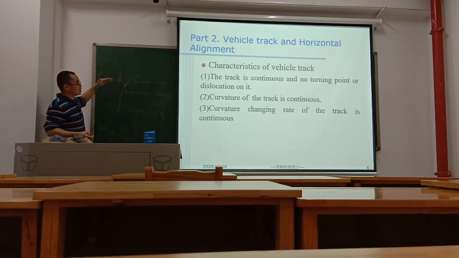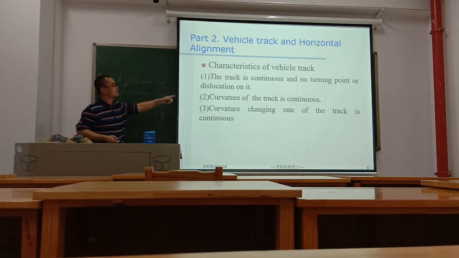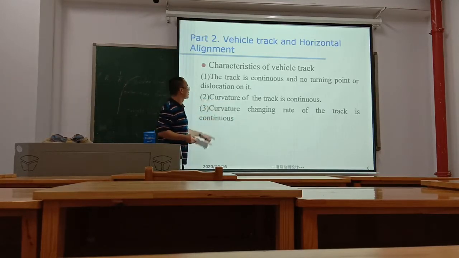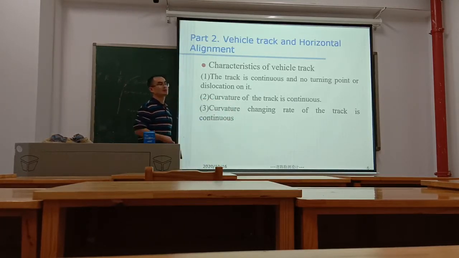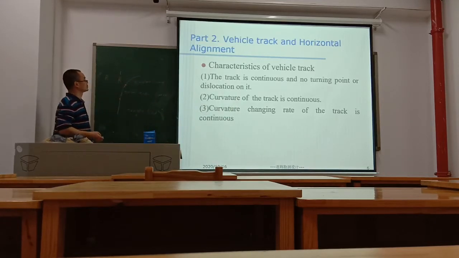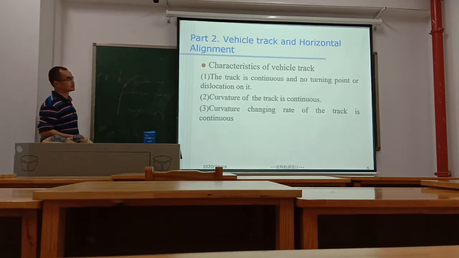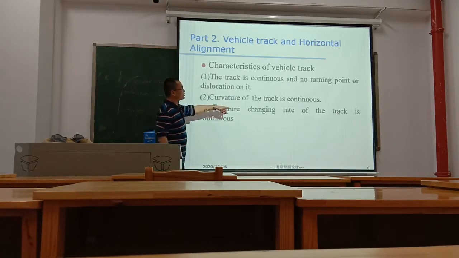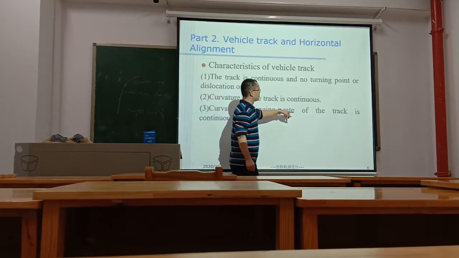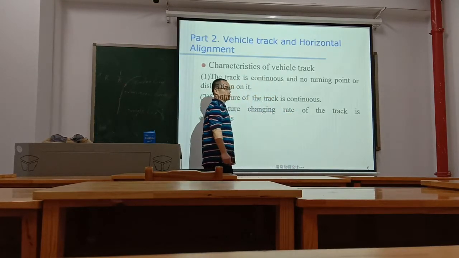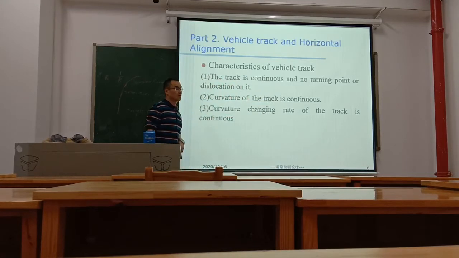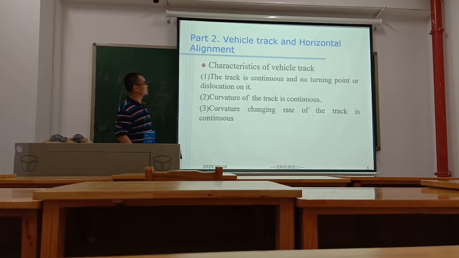One divided by r is the curvature. Third, the changing rate of the curvature of the track is continuous. These are the three characteristics of vehicle track.